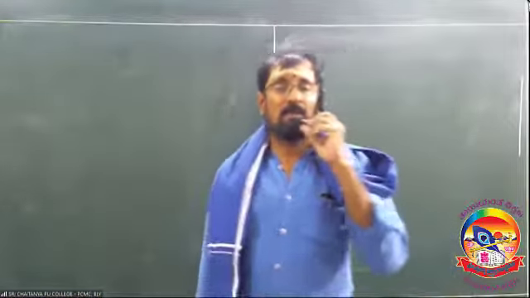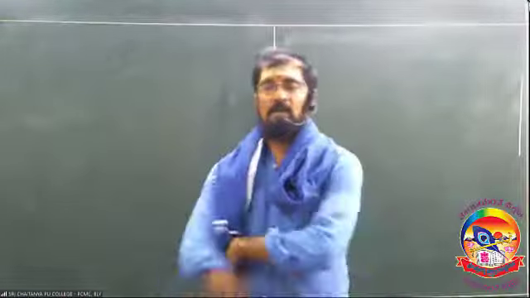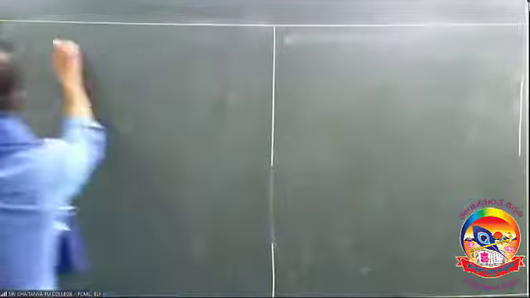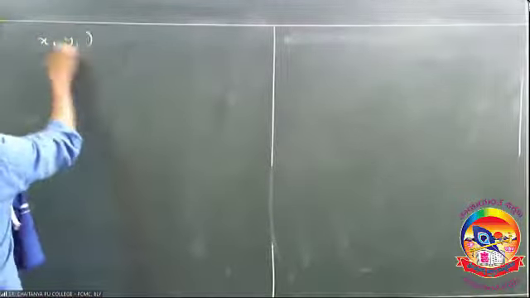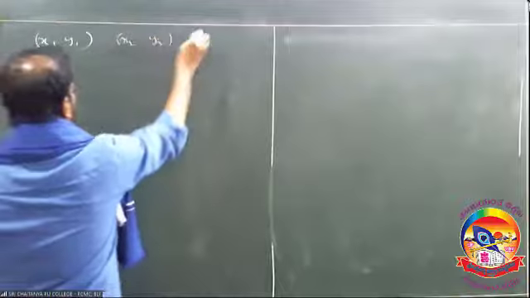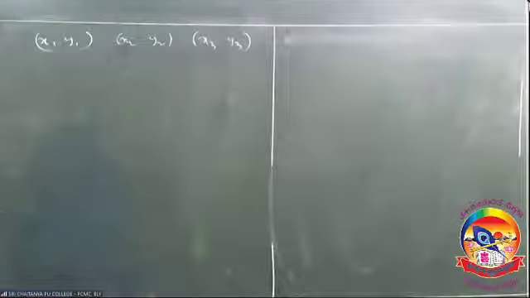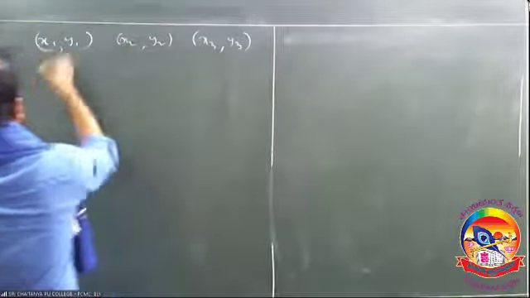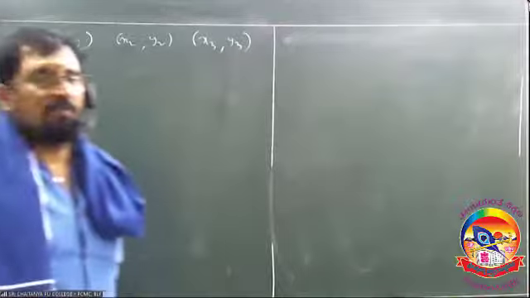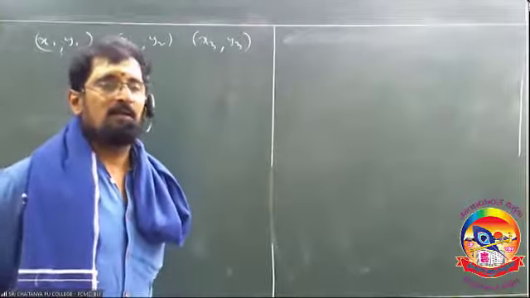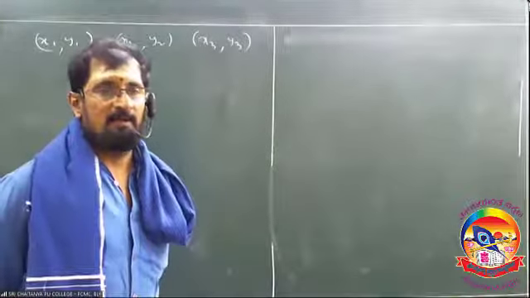First of all, in your 10th standard coordinate geometry, you got the area of triangle formed by the vertices (x1, y1), (x2, y2), (x3, y3) is equal to 1 by 2 into delta of, I think you remember that, right?